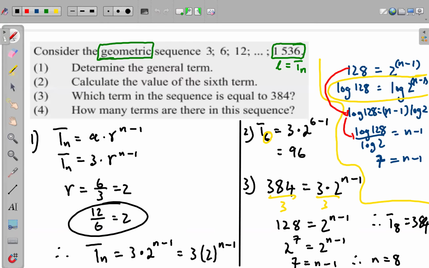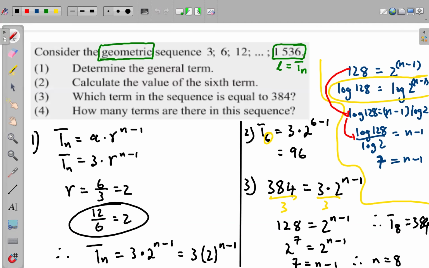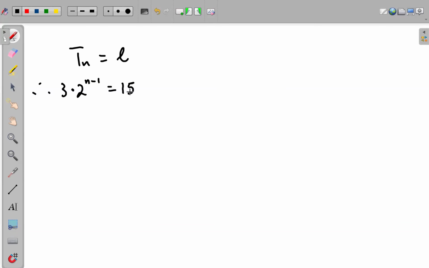Tn, remember, is our general term. So 3 times 2 to the n minus 1 is equal to our last term, which is 1536. Again, we divide by 3. So 1536 divided by 3 gives 512.